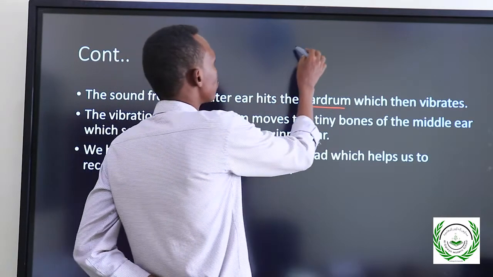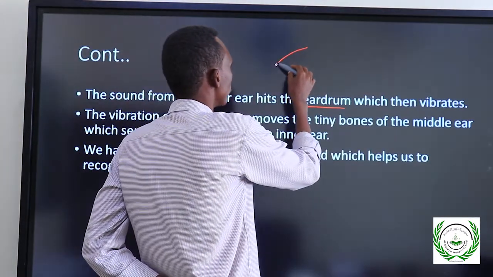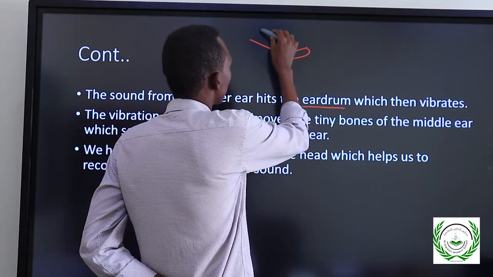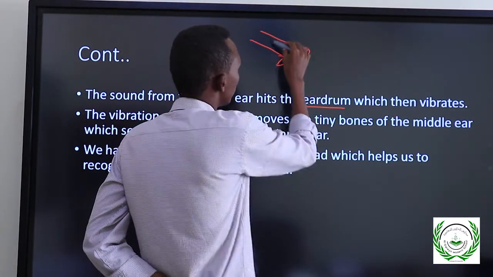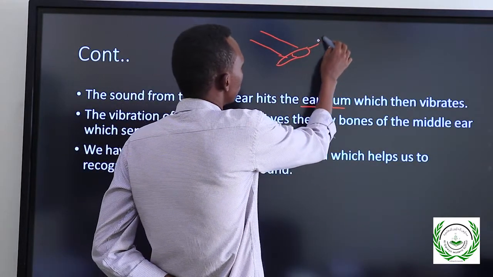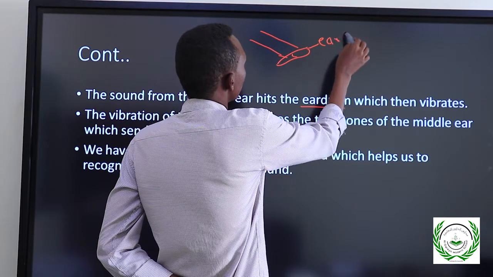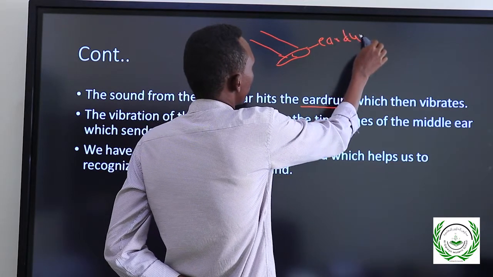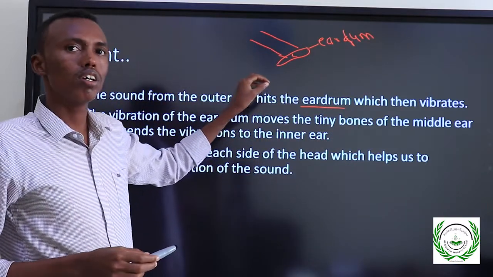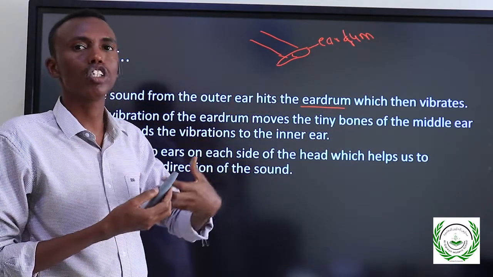So for example, this is your eardrum. When the air hits here, the eardrum creates vibration.